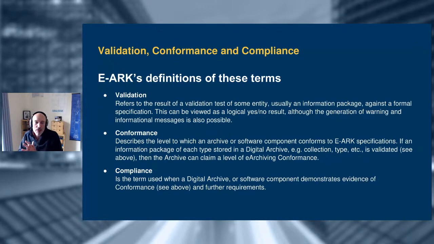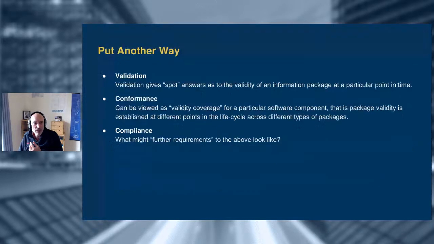And then the final term used is compliance. This has been slightly woolly defined originally as the term used when a digital archive or software component demonstrates evidence of conformance and further requirements. And we'll take a quick look at what those further requirements might be and a platform that would actually allow people to perform this kind of testing.